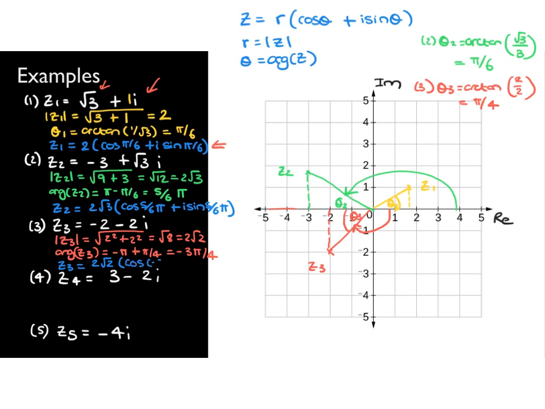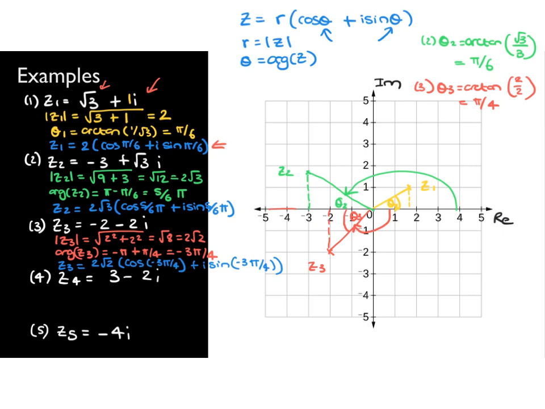Cos of negative 3 pi by 4, we must write in that negative, plus i sine negative 3 pi by 4. Okay, hopefully you can see that. So it must have the same angle here and here to truly be in modulus argument form.